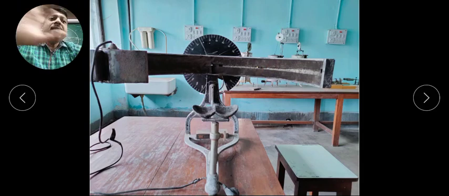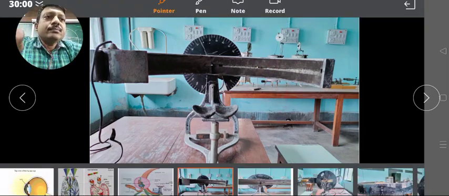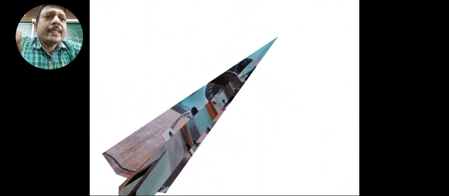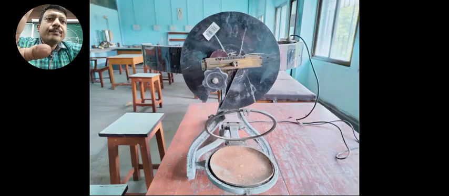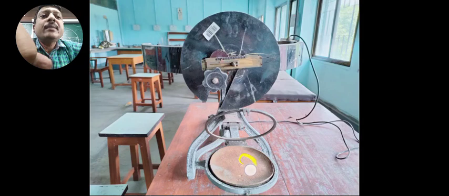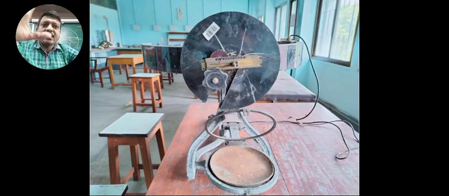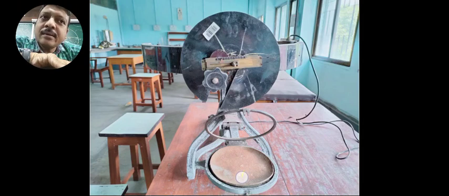Beforehand, you have to fix the perimetric chart in the perimetric chart holder.